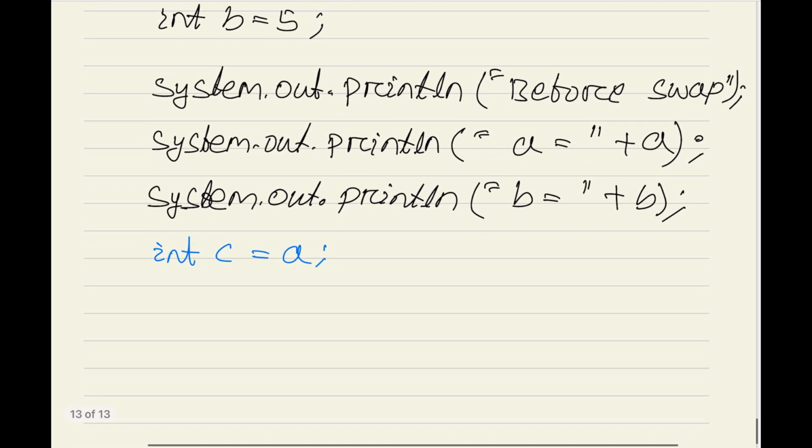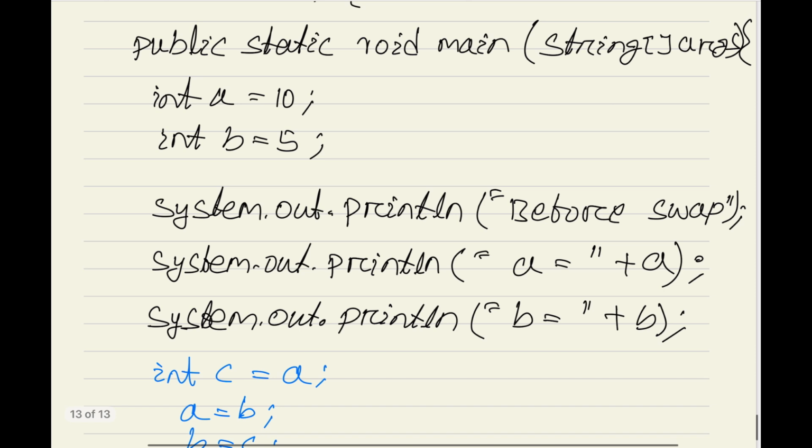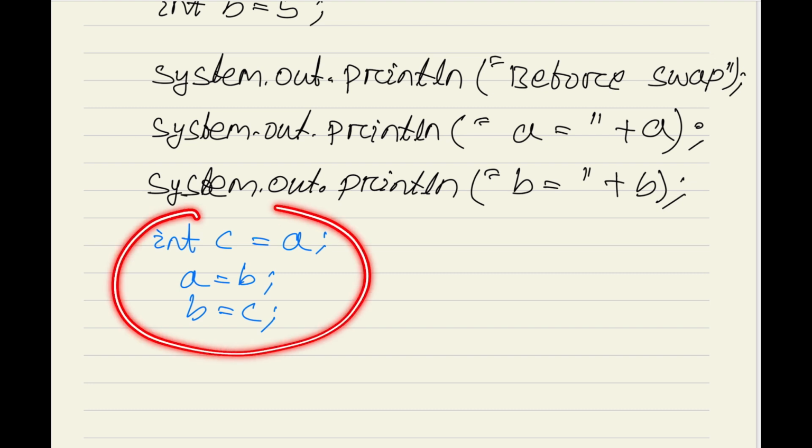Java is case sensitive, so as we have used small a and small b, I am writing small a, small b. In this way the values of a and b are swapped.